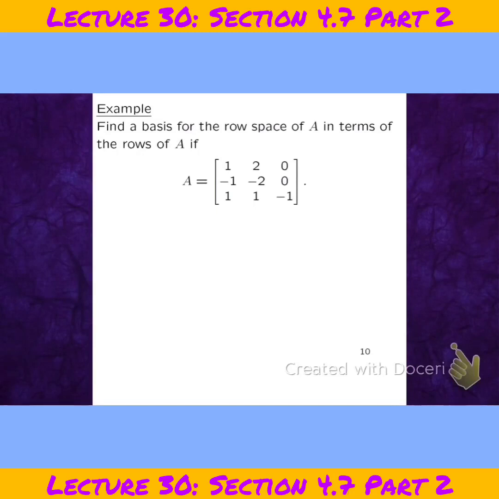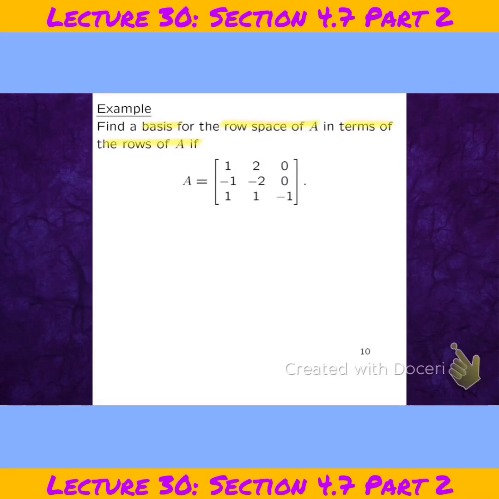Okay, so the next problem, they ask us to find the basis for the row space of A in terms of the rows of A. So we need to use the rows of A to specifically find a basis for the row space of A. Now, we don't want to reduce the matrix A and find a basis that way.